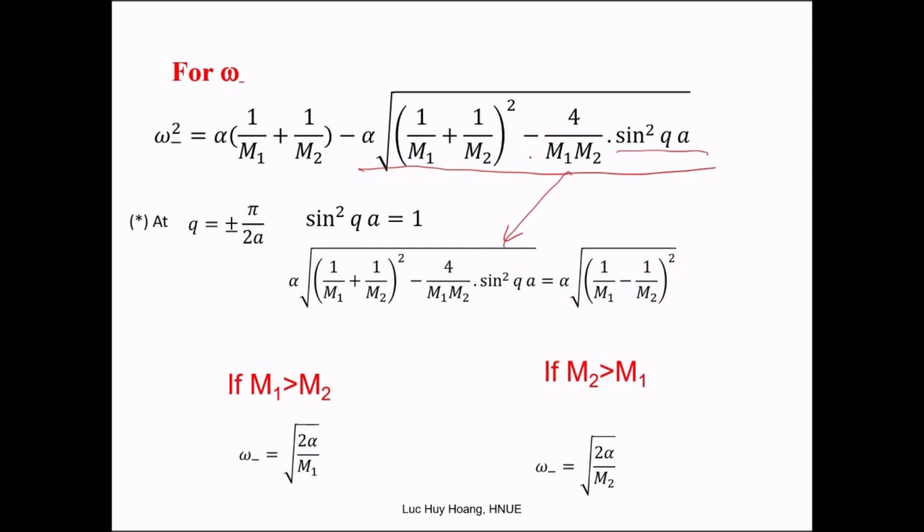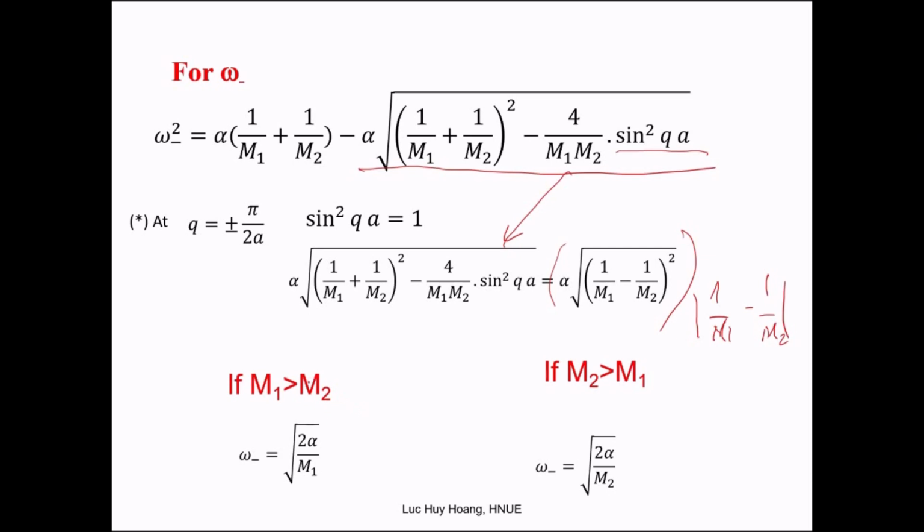So this root becomes this one because it has minus. So when we take a root, it will become the modulus of 1 over m1 minus 1 over m2. It's modulus, so it depends on the values of m1 and m2, right? So the modulus here depends on the value of the first and second component.